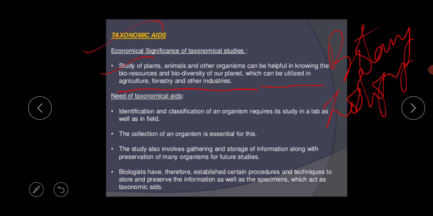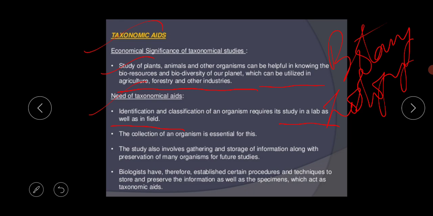So what is the need of taxonomic aids? What is the basic advantage of these taxonomic aids? Identification and classification of an organism requires its study in a lab as well as in the field. Next, the collection of an organism is essential for this.